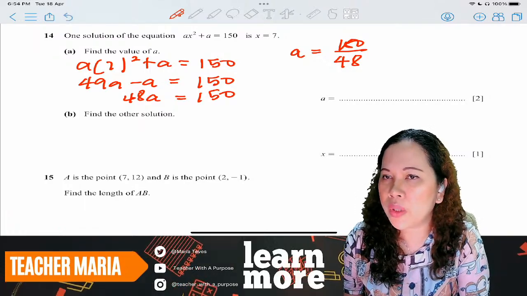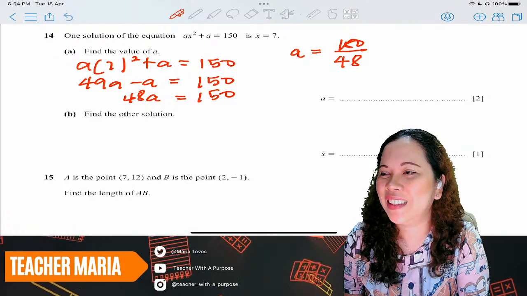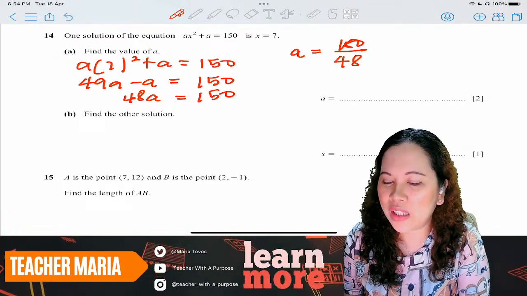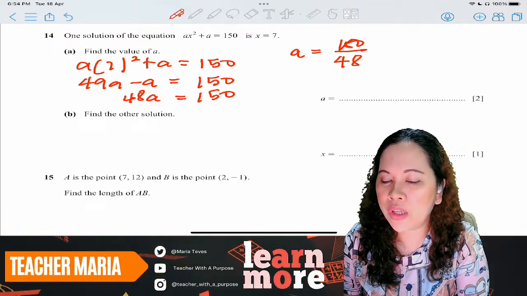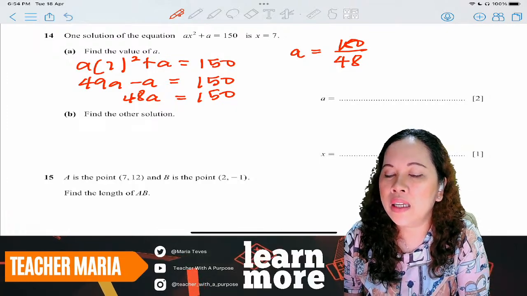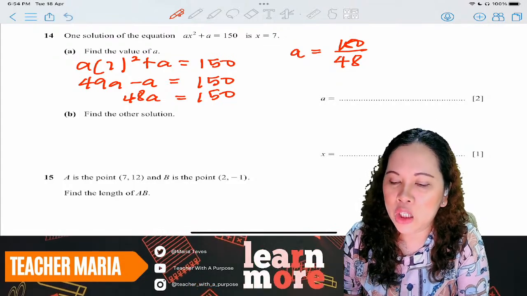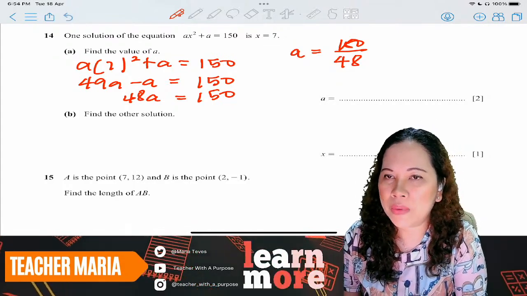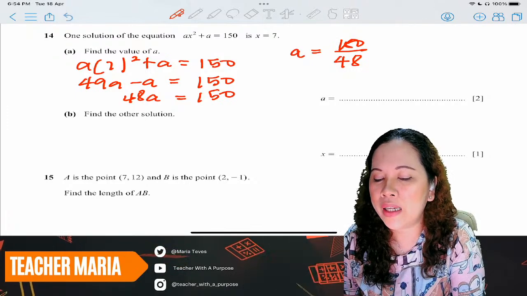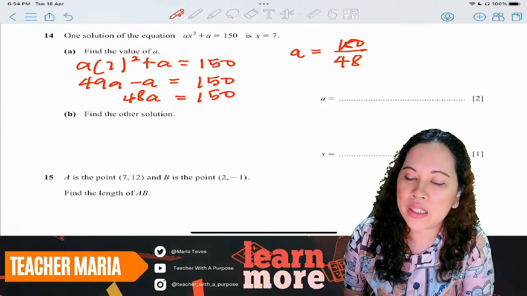I'm not so sure what's the answer. You need to use your calculator. One solution of the equation ax squared plus a equals 150 is x equals 7. So just need to substitute. 7 squared is 49, 49a. Sorry, that's a plus. Sorry.